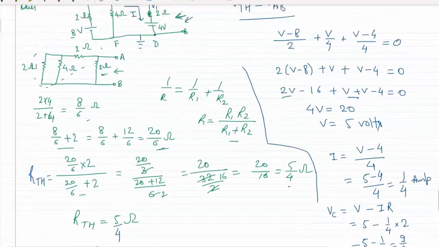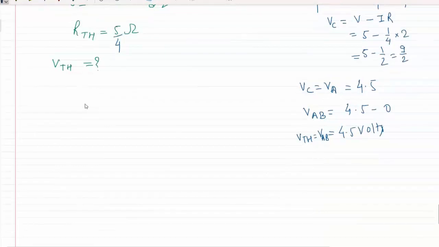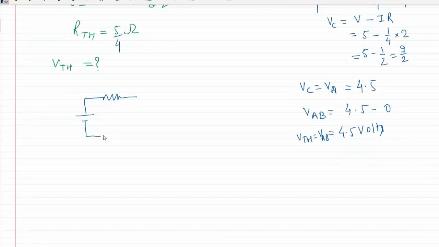Now if you want to draw Thevenin's equivalent circuit, it will be like this. This is your voltage source, and this is your corresponding resistance. So here 4.5 volts and here 5 upon 4 ohm. So this is your Thevenin's equivalent circuit.